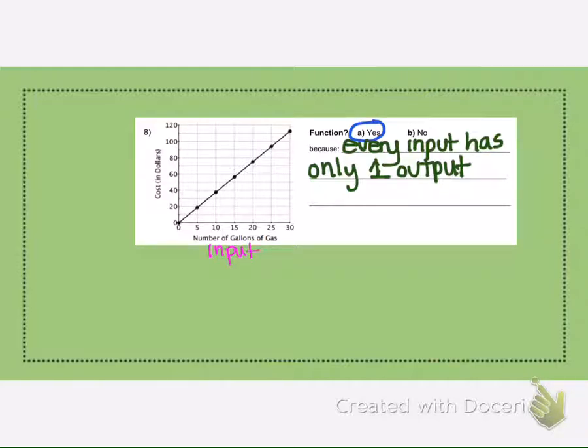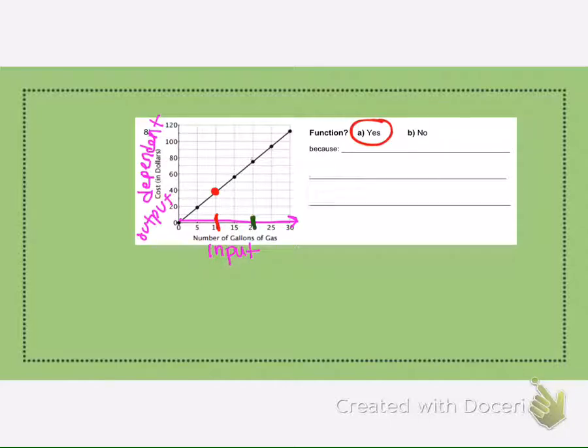Notice our input is our x-axis or horizontal axis, and then our dependent variable, the cost, is our output variable. So for example, if I purchased 10 gallons of gas, the cost is $40. It has one output. When the cost is $20, it has one output.